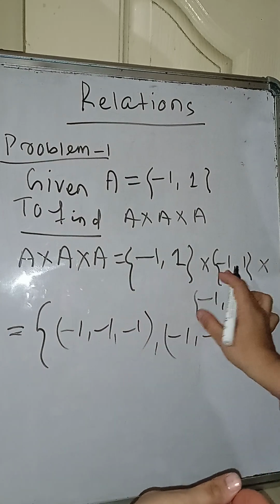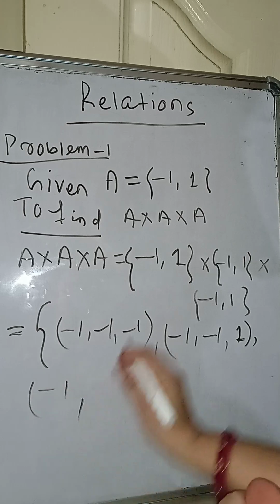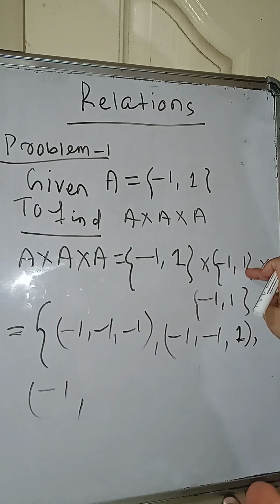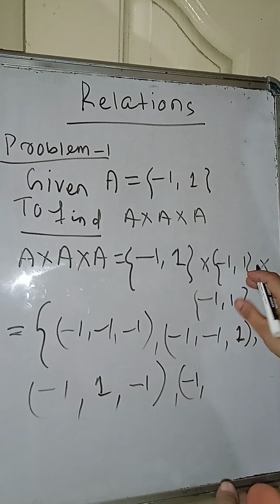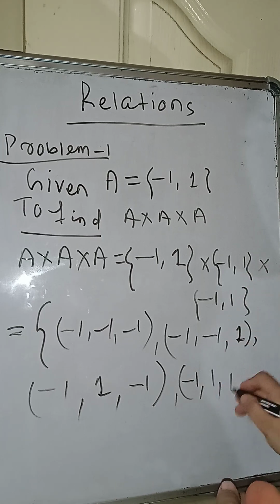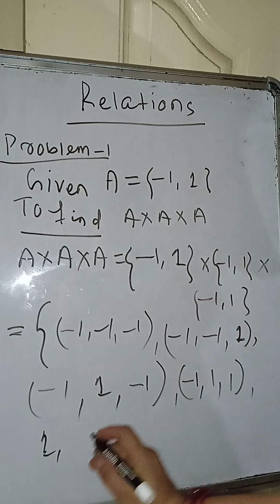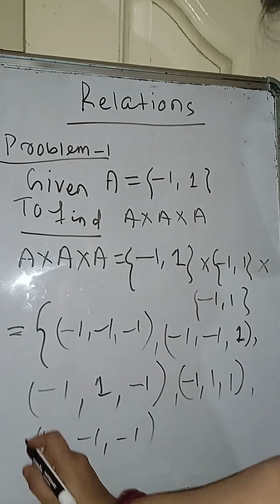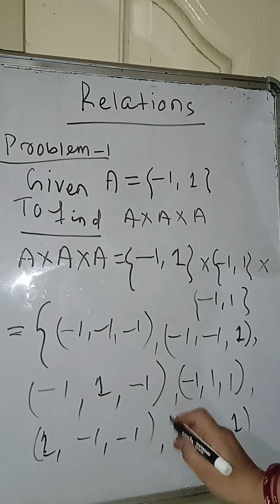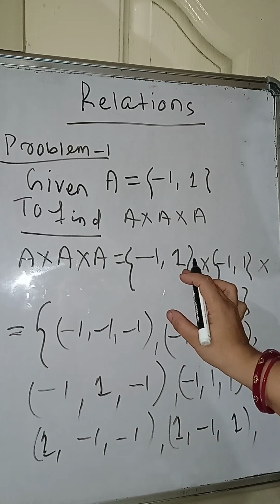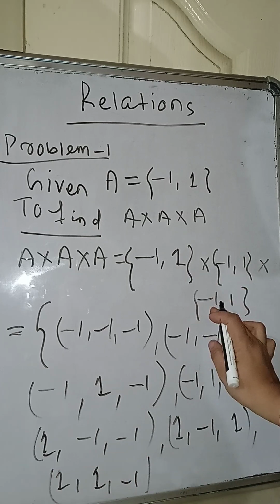Similarly you can find minus 1, minus 1, 1, then minus 1 with the second element of the second set, that is 1, and the first element of the third set, minus 1, giving minus 1, 1, minus 1, then the third set's second element, minus 1, 1, 1. Now come to your first set's second element, that is 1: 1, minus 1, minus 1, then 1, minus 1, 1, next 1, 1, minus 1, then 1, 1, 1.